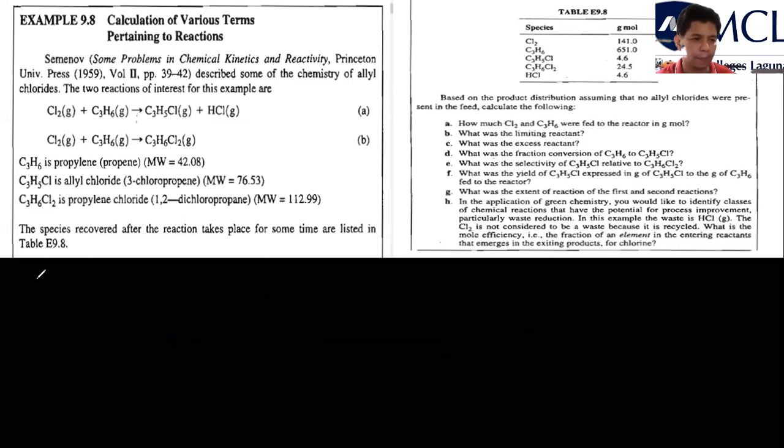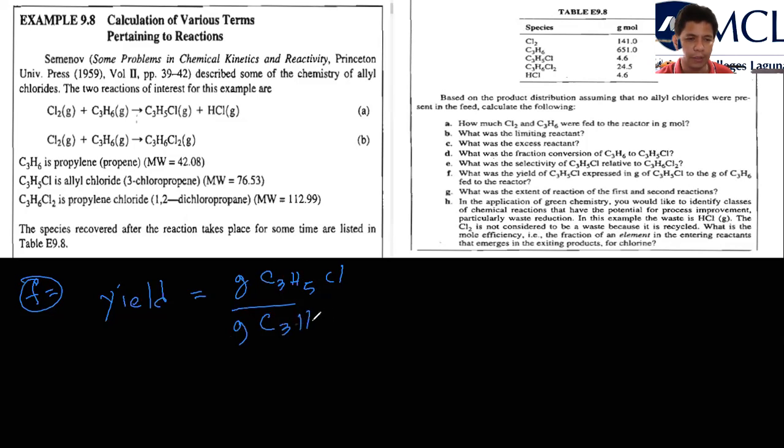Letter F. This is yield. You are asked to calculate the grams of C3H5Cl per gram of C3H6.